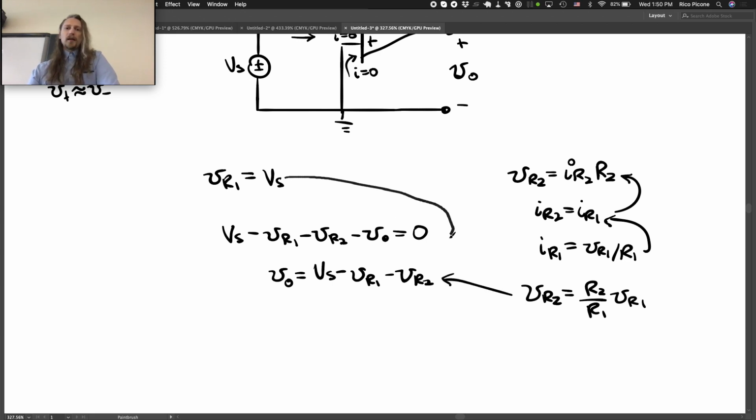So we'll plug this into each of these. We get Vs minus, VR1 is just Vs, minus R2 over R1, VR1, which is just Vs, right? So the Vs's cancel there, and you're left with negative R2 over R1 Vs.